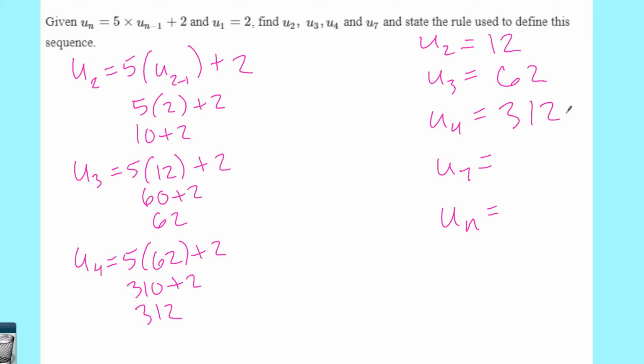So let's see if we can find an easier way. We know our pattern is at this point 2, 12, 62, 312. What is happening?